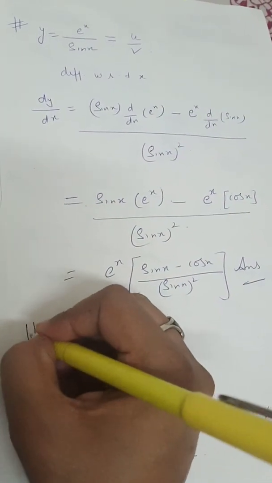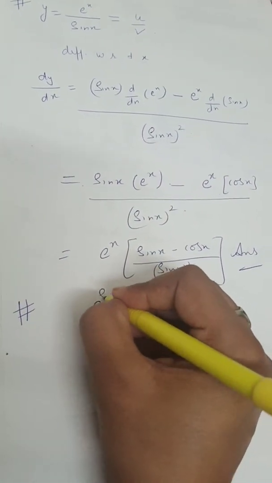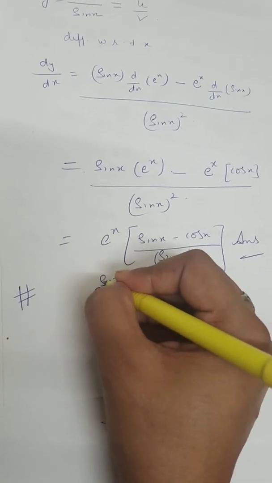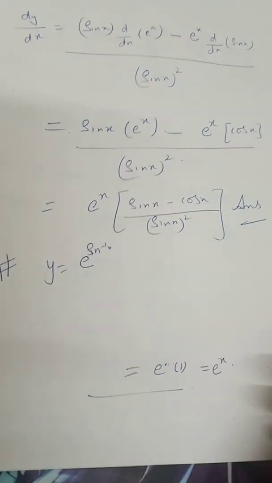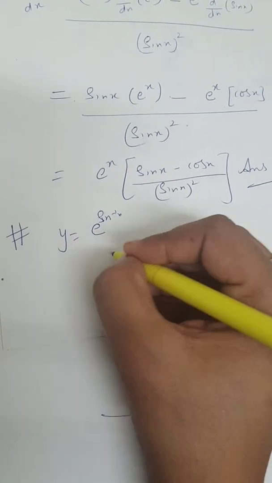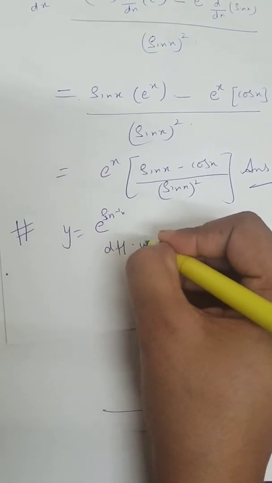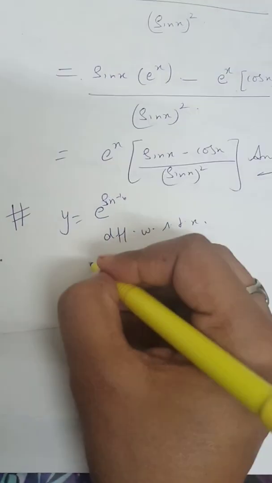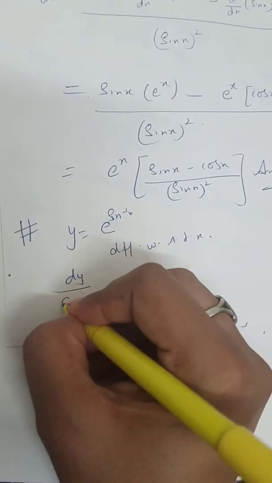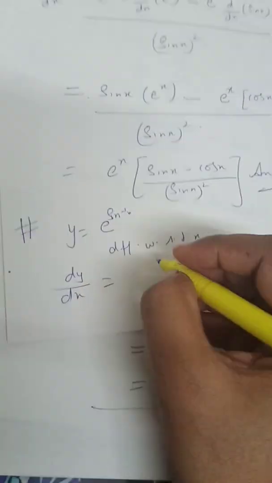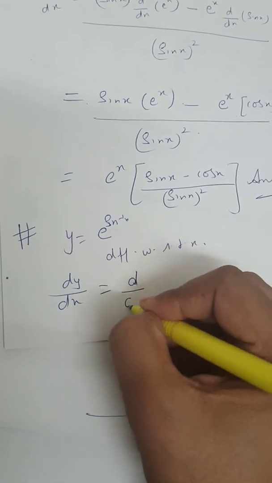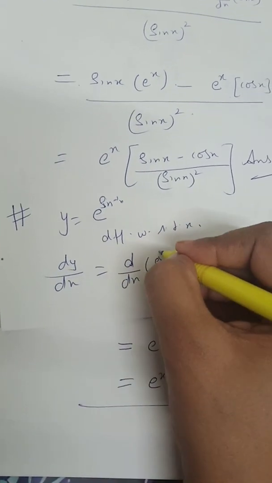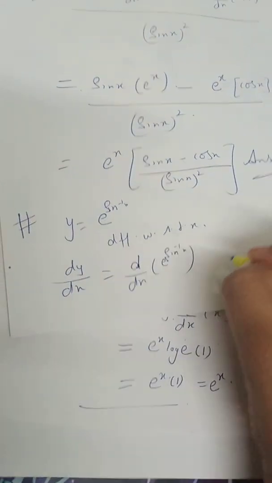And for another question, you can take the example e to the power sin inverse x. Now differentiate with respect to x, dy upon dx. Apply the chain rule here. Firstly, the derivative of e to the power sin inverse x.